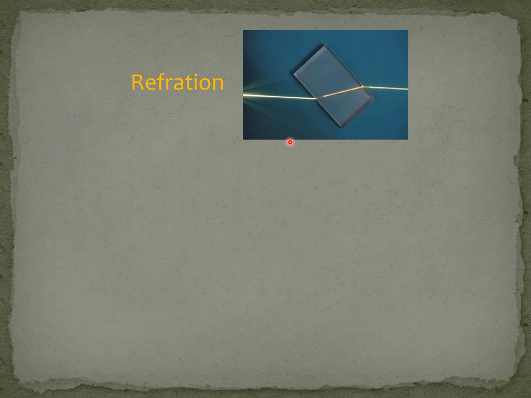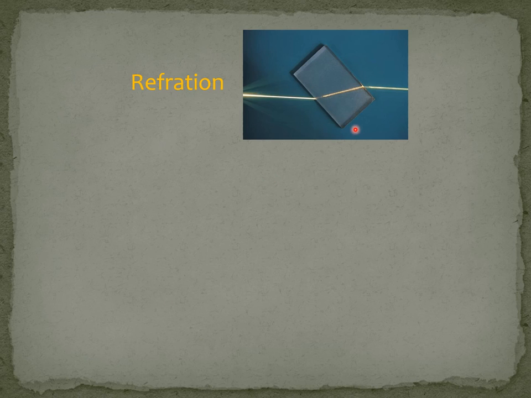The angle it suffers is due to the angle of the surface being traversed, and it depends on the wavelength of the incident ray.